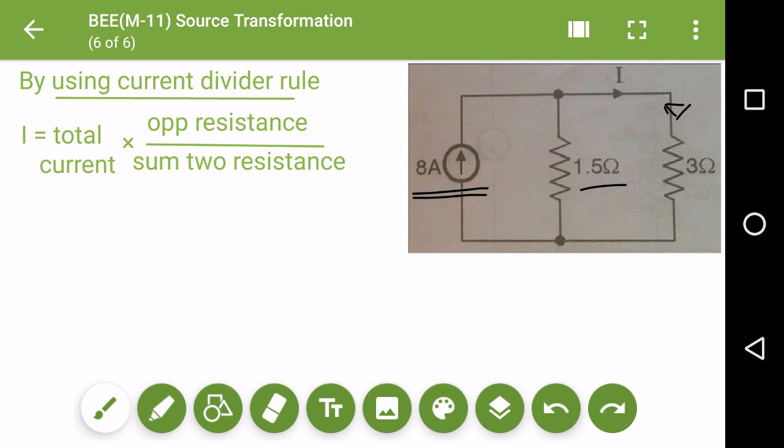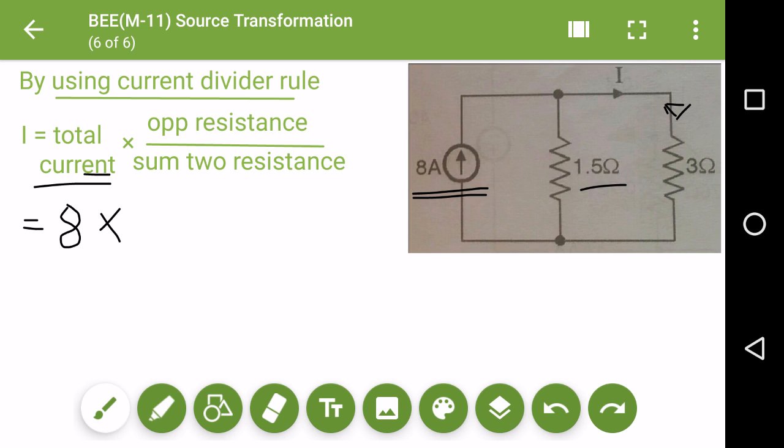And what the current divider rule says is that to find the current in your desired branch, you need to multiply the total current. The total current is 8 ampere, so I will multiply my total current by the opposite resistance. What is the opposite resistance?